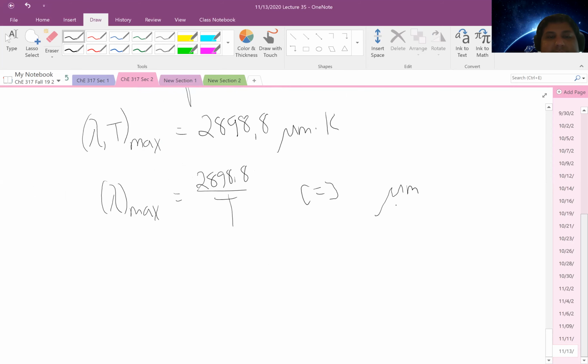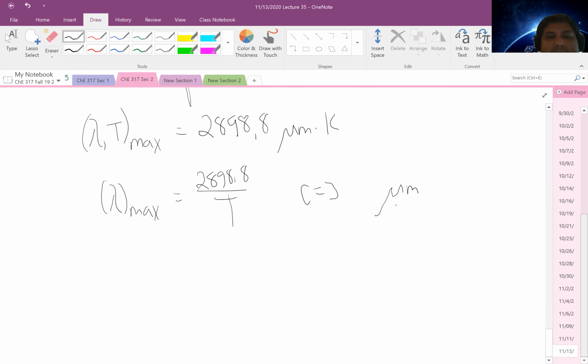Well, what we see is that integration of Planck's law, C1 over lambda to the 5th times the exponential of C2 over lambda T minus 1, d lambda.